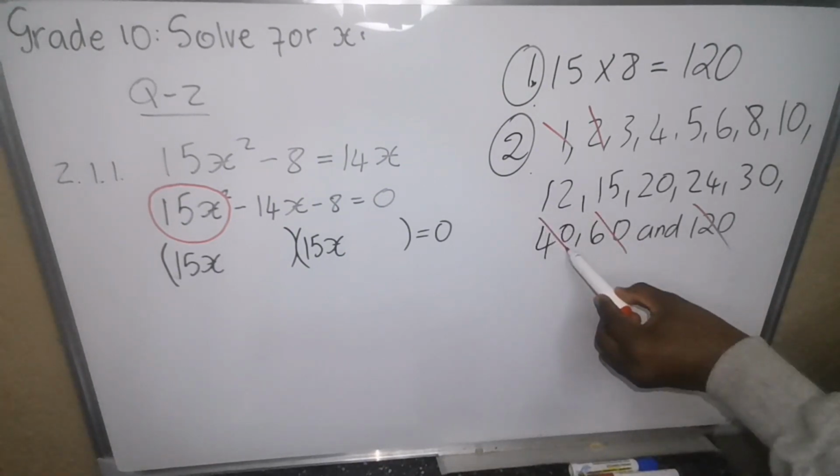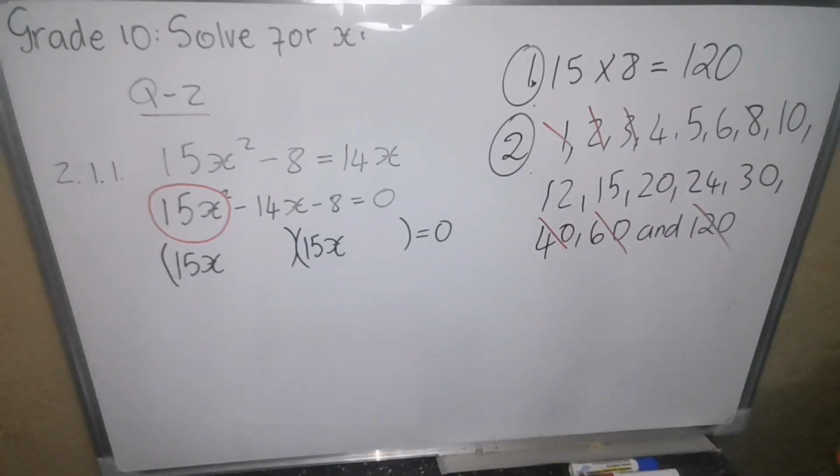Then we come with 40 and 3. 40 plus 3 is not 14, and 40 minus 3 is not 14. We come to 30 and 4: 30 times 4 is 120, yes, but 30 minus 4 is not 14, and 30 plus 4 is not 14.